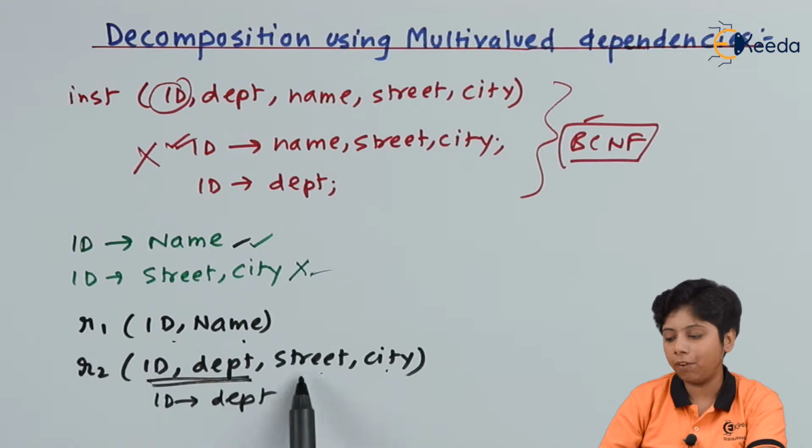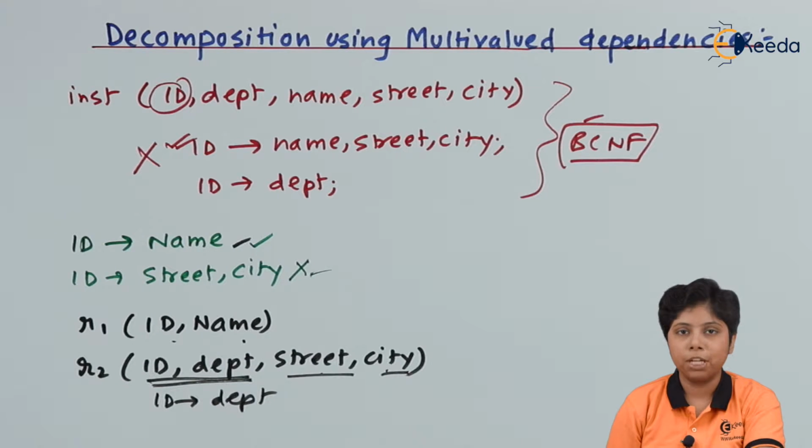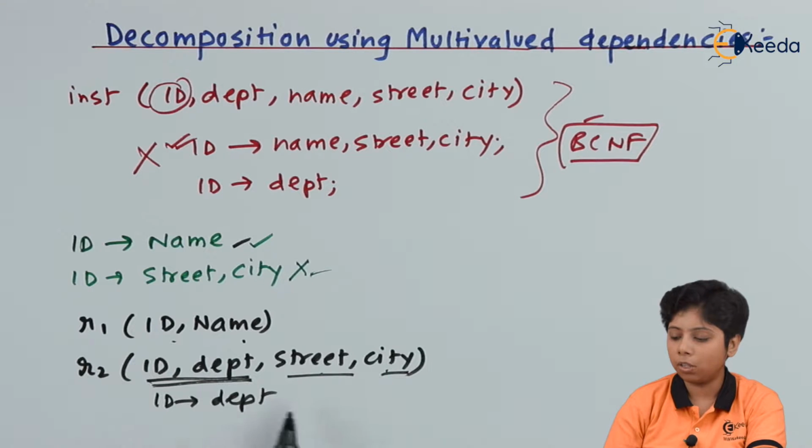So it is in BCNF but it is not multi-value dependency preserving. That means the street and city can be repeated for a single ID corresponding to it.